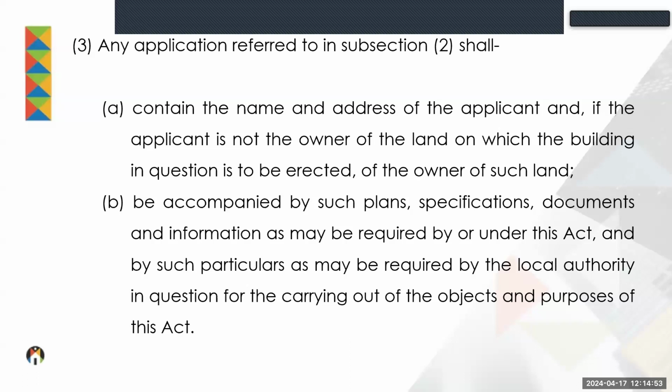Documents and information as may be required by or under this Act, and by such particulars as may be required by the local authority in question for the carrying out of the objects and the purposes of this Act. Now, we will see if we carry on later on. I know a lot of people talk about municipal submission drawings and then construction drawings.